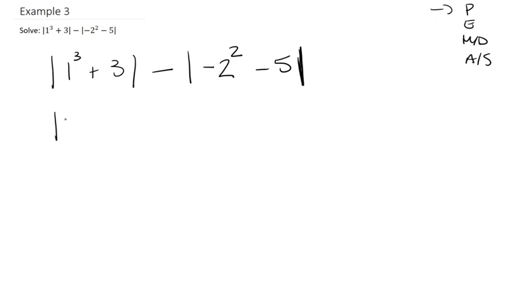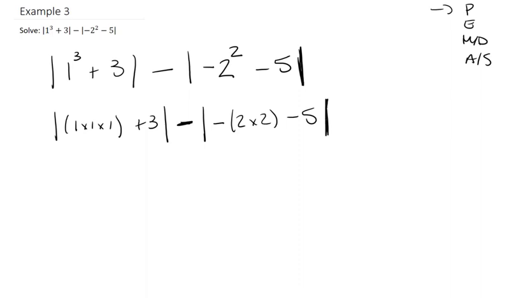So we have 1 times 1 times 1 plus 3, absolute value sign. Let's do the same for this one. So we have negative. Notice this 2 is only attached to the 2 because it's not attached to the negative sign, as it's not in parentheses. So we have 2 times 2 minus 5 and then absolute value sign. Let's multiply out.